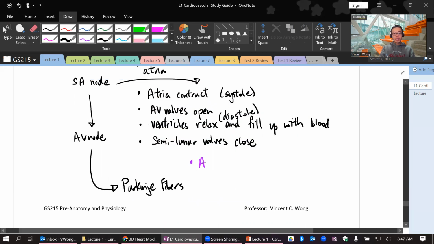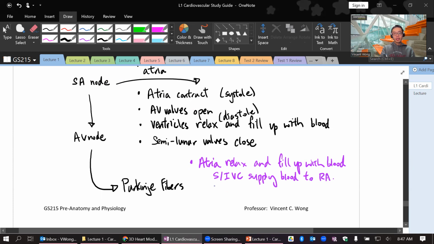So now the atria relax and fill up with blood. Superior and inferior vena cava supply blood to the right atrium, and then the pulmonary veins supply blood to the left atrium, right?